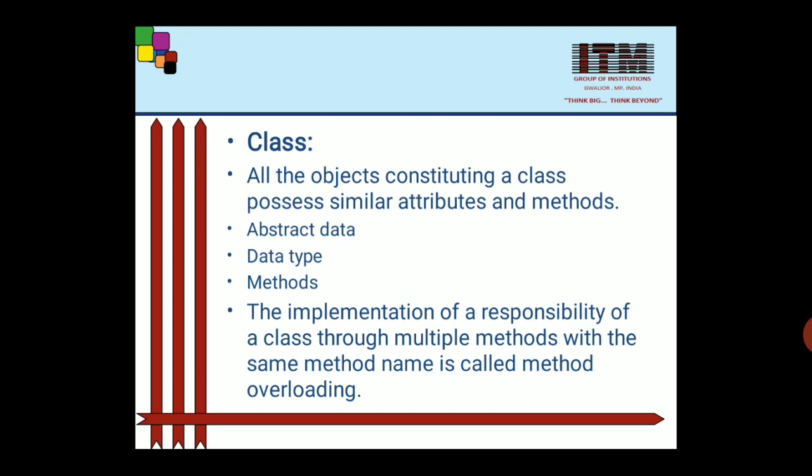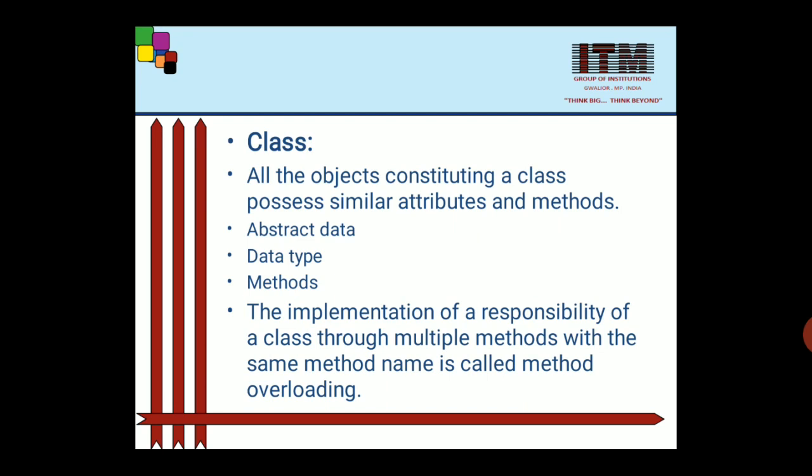In this case each library member object has attributes like the member name, membership number, and membership address, and so on, and also has methods like issue book and return book. So once we define a class, it can be used as a template for object creation.